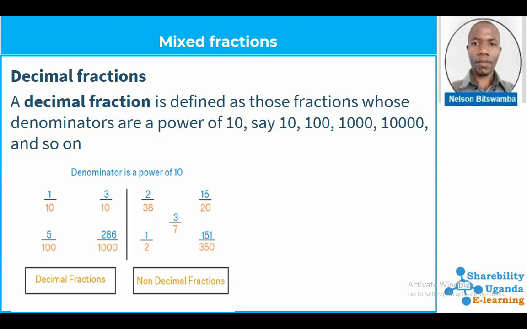As you can see in these examples, we are saying 1 out of 10, 5 out of 100, 286 out of 1,000, because they have a power of 10. So we can say these are decimal fractions. But those which are not having the power of 10, they have some other figures or values, we shall say these are non-decimal fractions.